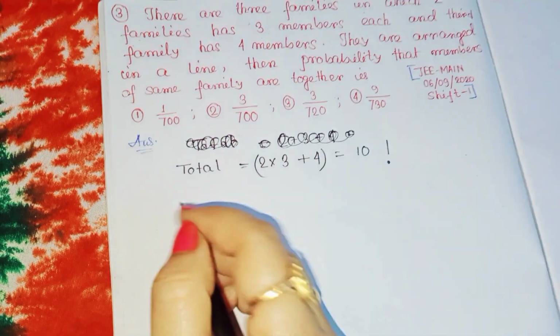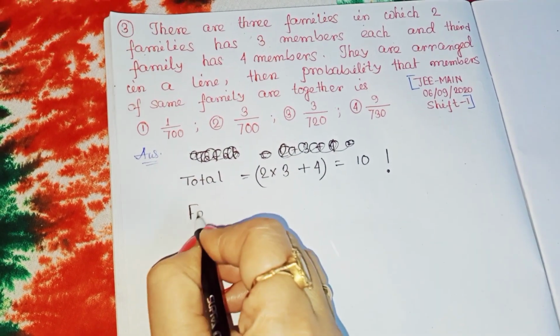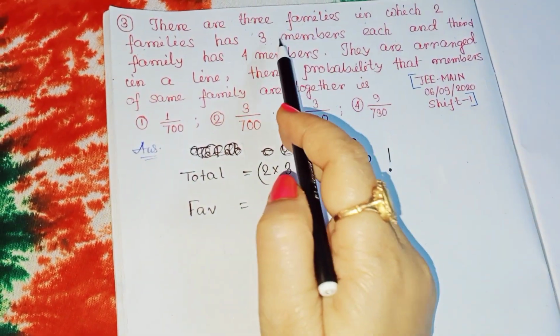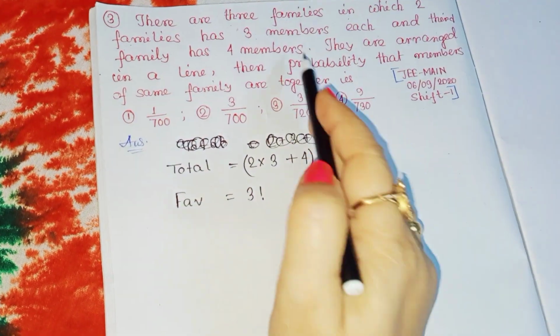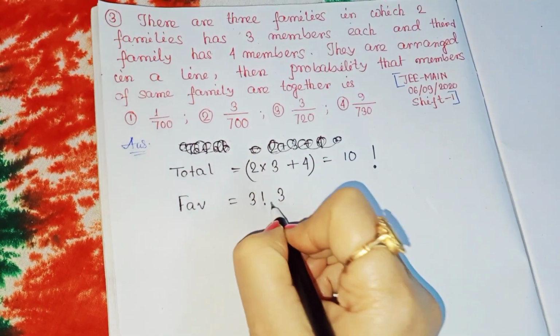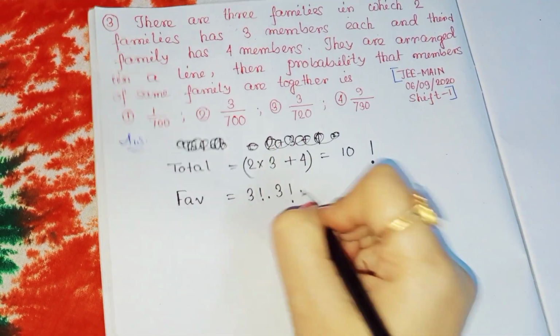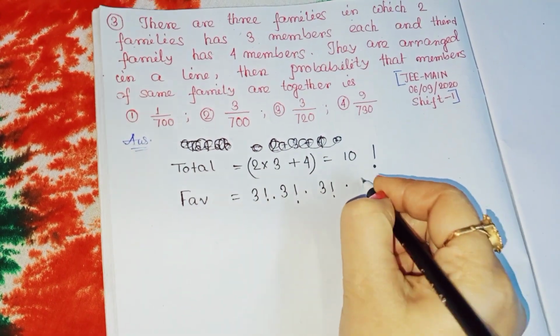So now the favorable case is factorial 3 into factorial 3 into factorial 3, and factorial 4.